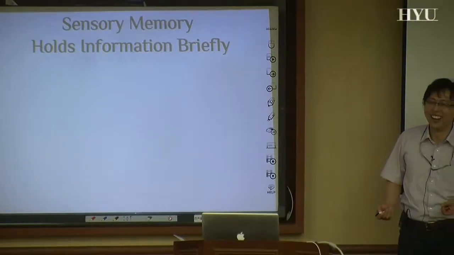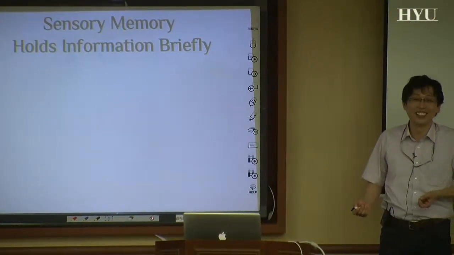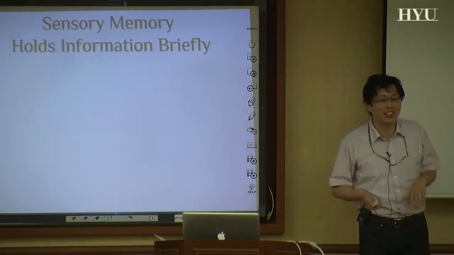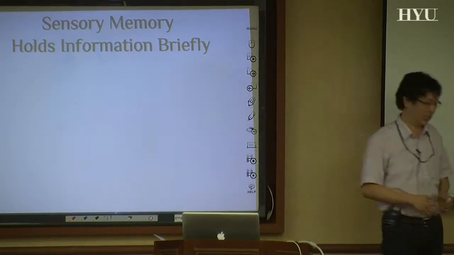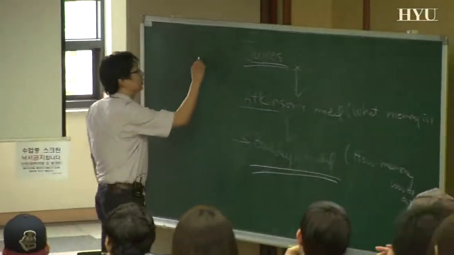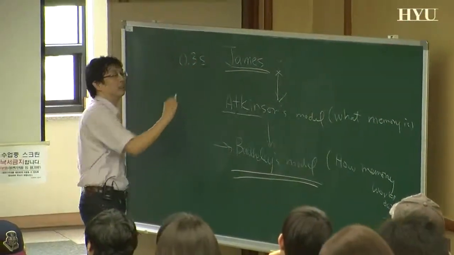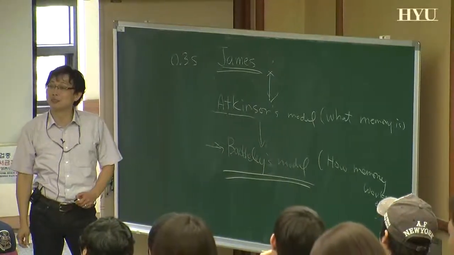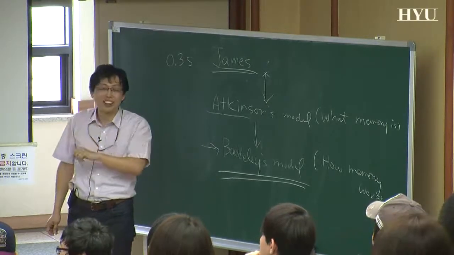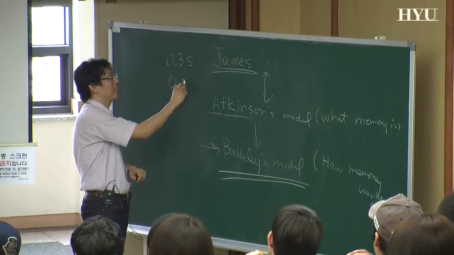Have you seen something? I can show some information for 0.3 seconds. The first one, 0.3 seconds. Now let me know if you have seen something. Okay, the next one is 0.7 seconds.